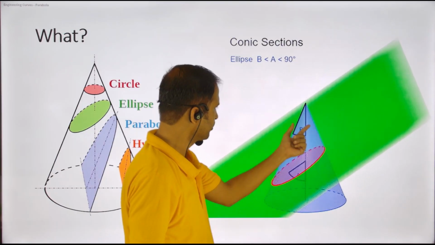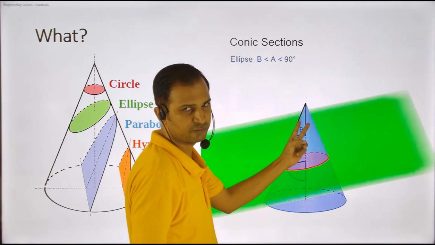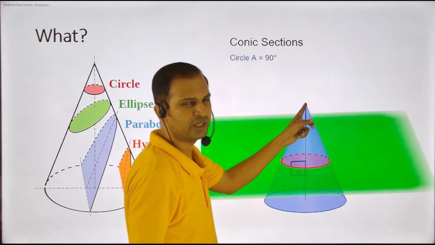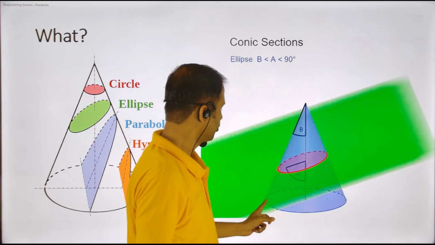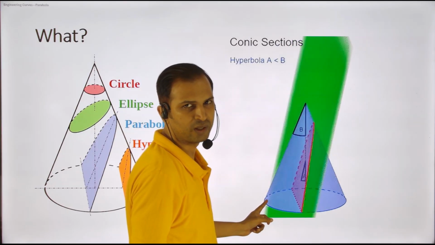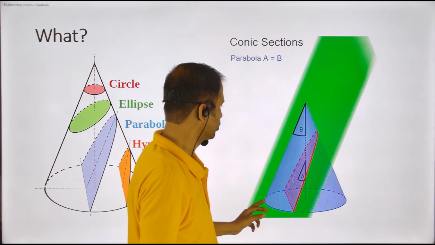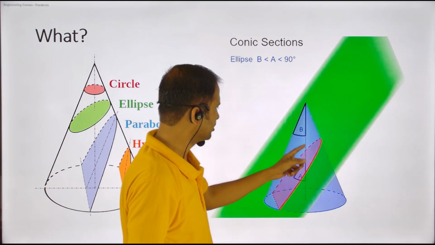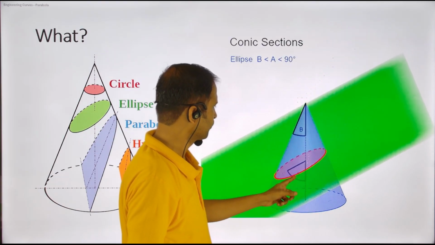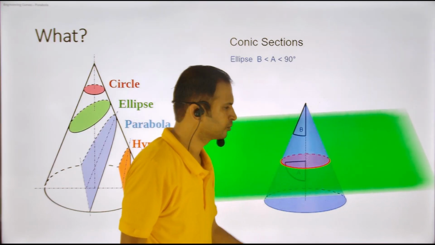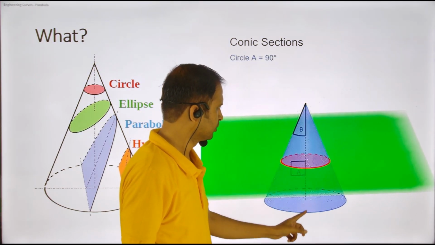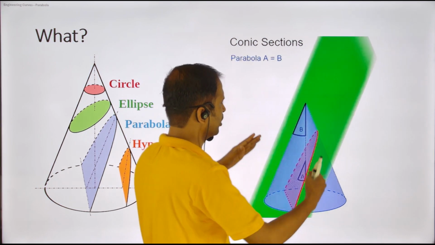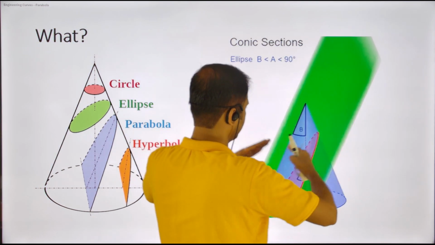When we see the cone, there is an angle from the apex, the top point of the cone, to the bottom circumference point, extreme left. This is called a generator of the cone, and there is an angle which is getting generated. The generator is whatever you see in the cone, the extreme ends.